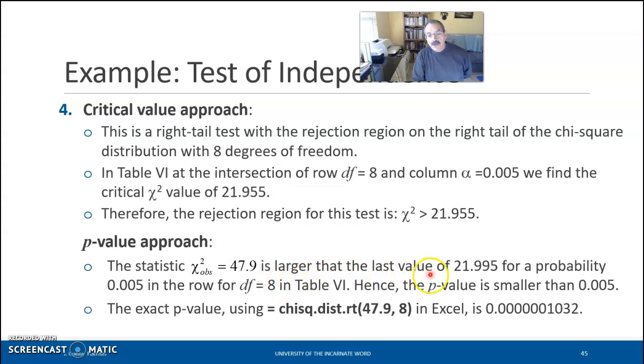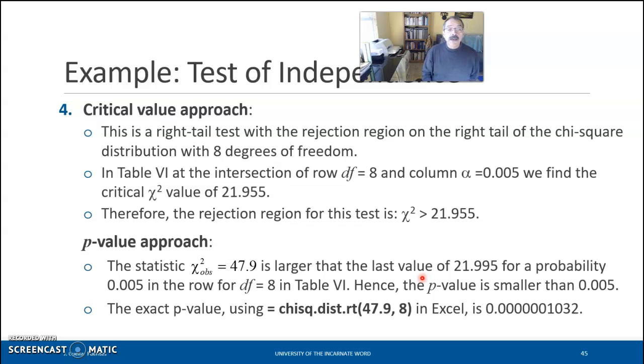So this is telling us that the p-value is smaller than 0.05. If you want to find the exact p-value, then you can use this formula on Excel, and you find that this is 0.000001032. Very small, but that's the value.